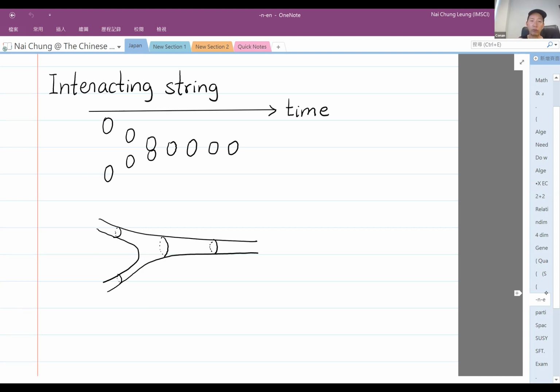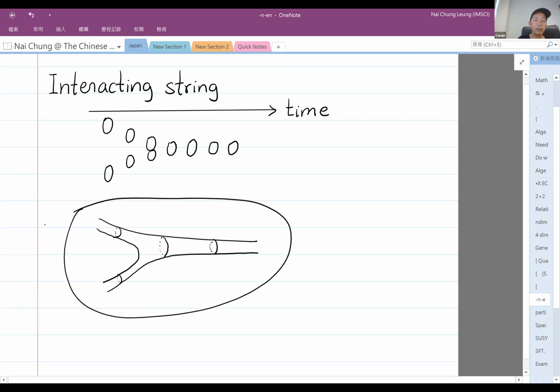So when you're going to the right, it looks like two strings coming together, intersecting, and then becoming one string. But if you look at it from a space-time perspective, it's just very smooth surfaces. At the moment they intersect, if you cut at this moment, they look like they intersect at that point.